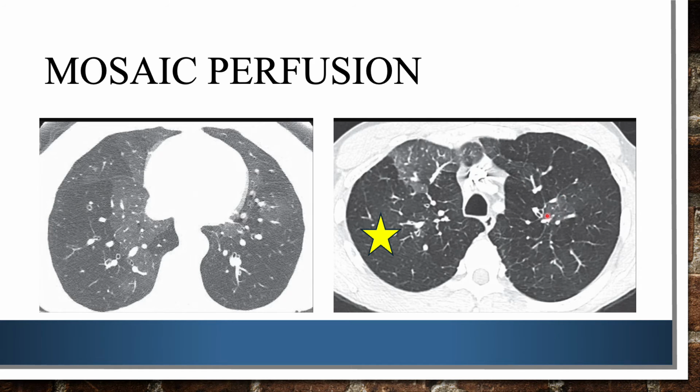Mosaic perfusion is defined as a patchwork of very sharply demarcated regions with decreased and increased attenuation, decreased vascularity in the absence of an infiltrative lung disease or a small airway disease. Now, in these two images, the sharp border is clearly visible between the opaque and the lucent lung, and the larger vessels are normal in the normal lung, and in the other lung we can see that the vessels are less.